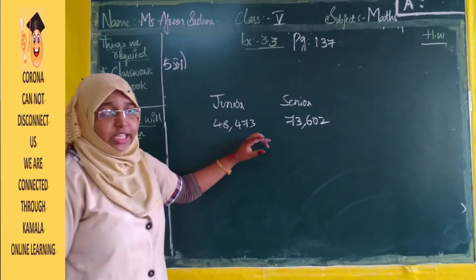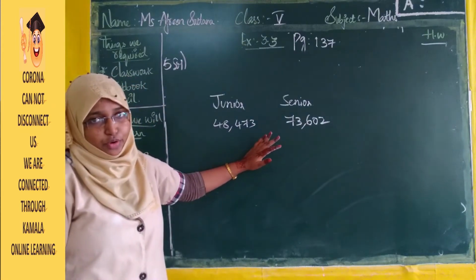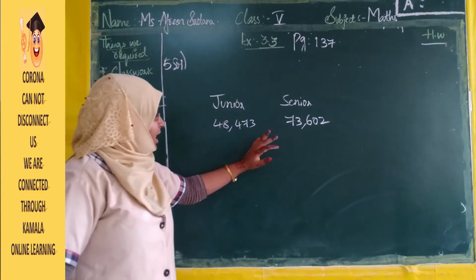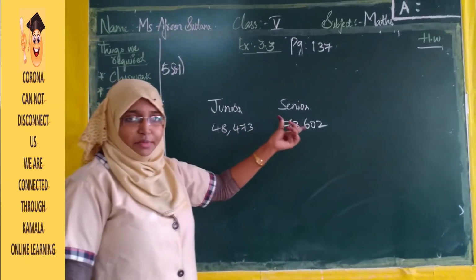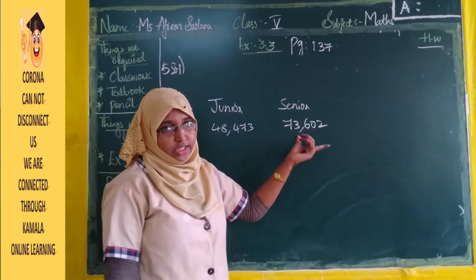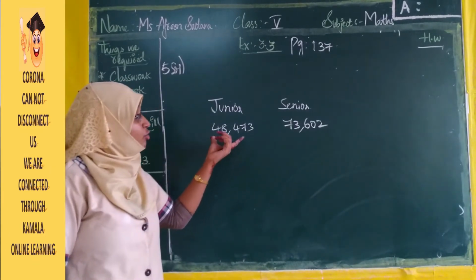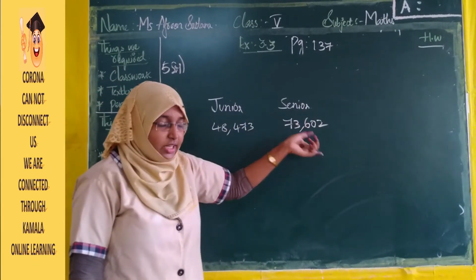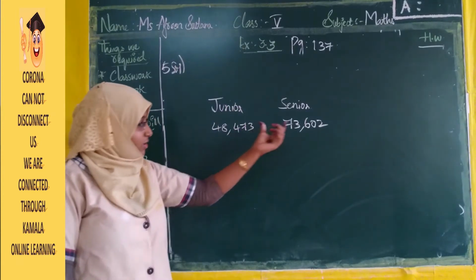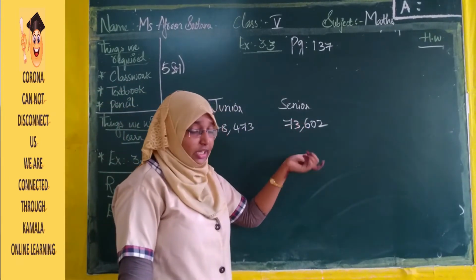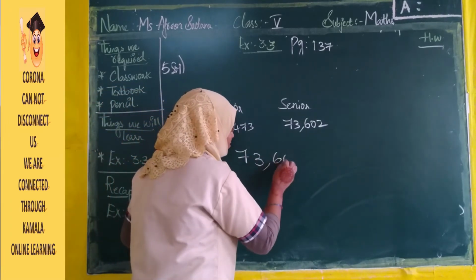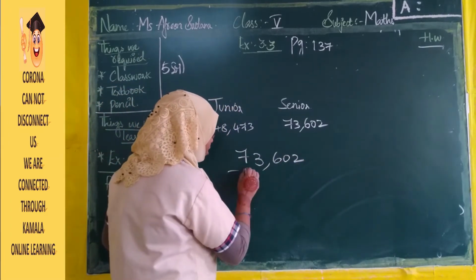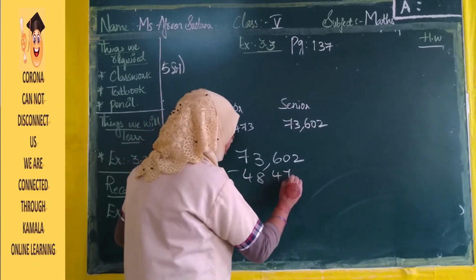They are asking which library has more books. 73,000 is greater than 48,000, so the senior library has more books than the junior library. But how many more books are there in the senior library than the junior? To find that, we will subtract 48,473 from 73,602.